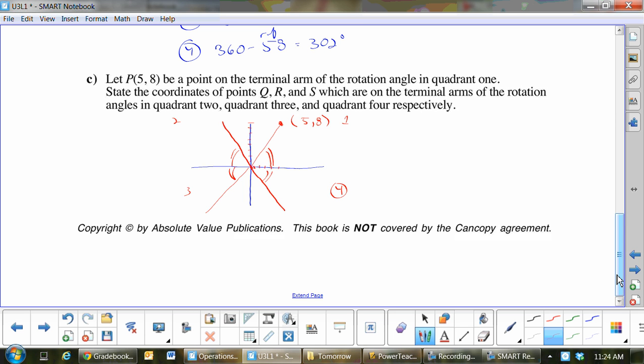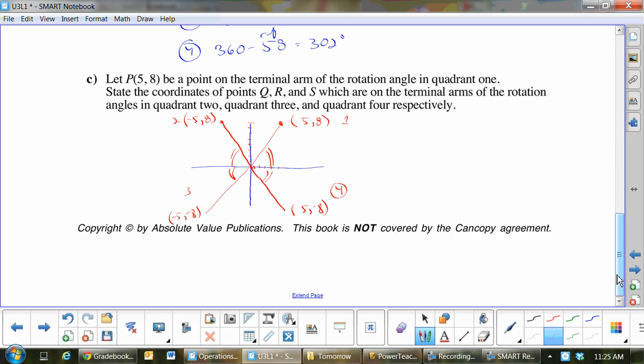So what would the coordinates be in quadrant 2? (-5, 8). How about quadrant 3? (-5, -8). Quadrant 4? (5, -8). See, drawing the picture does make it a lot more understandable than all of that. Words, those words, they get a little confusing.